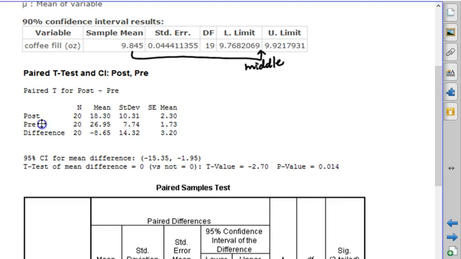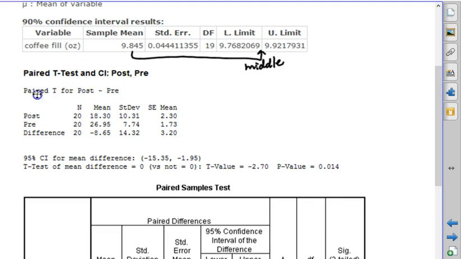Let's say this was maybe how many seconds it took to go through an obstacle course, and the pre-time was the first time they tried it, and then they did some training, and then this would be the post one. So the difference, which would be in this case post minus pre, is negative 8.65. So they on average improved their time by 8.65 seconds. So let's just say that's what it means. I don't really have a context for this.